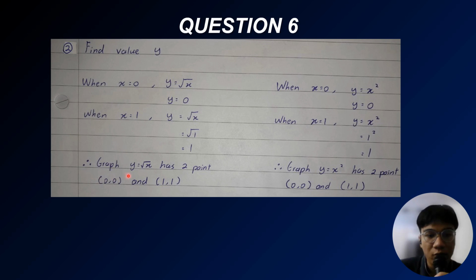So the graph y equal to square root of x has 2 points, which are (0, 0) and (1, 1). For y equal to x squared, when x is 0, y is 0, and when x is 1, y is 1. So this graph also has 2 points, (0, 0) and (1, 1).